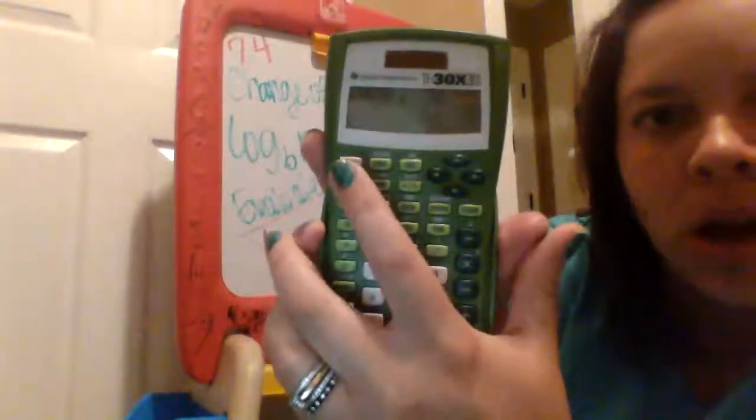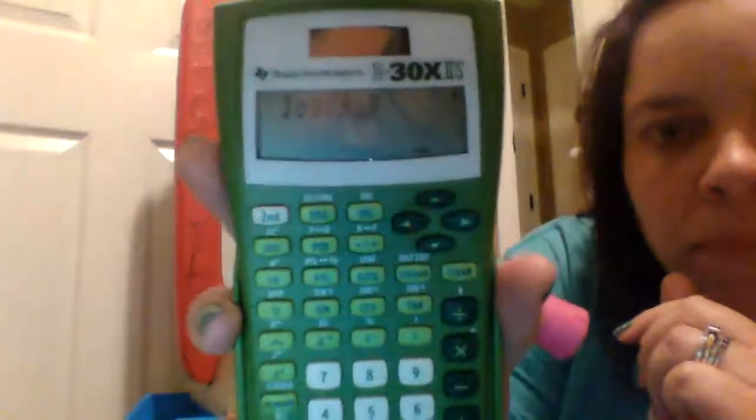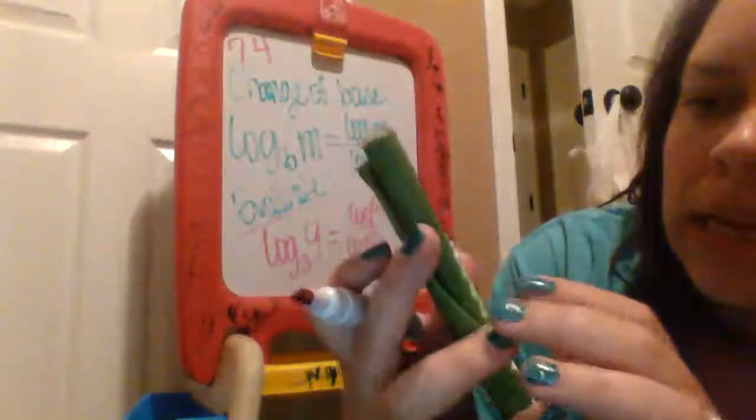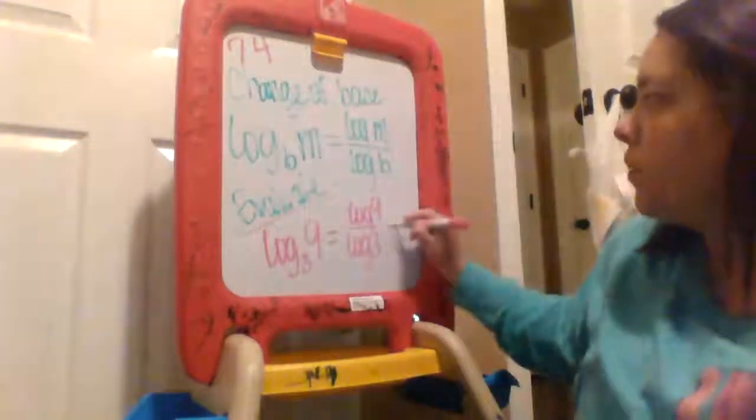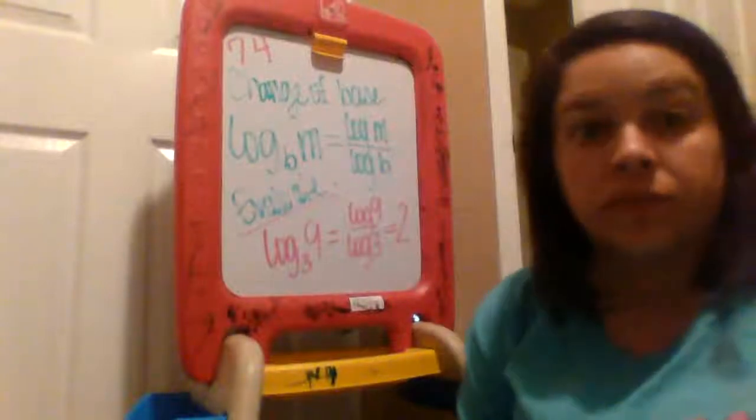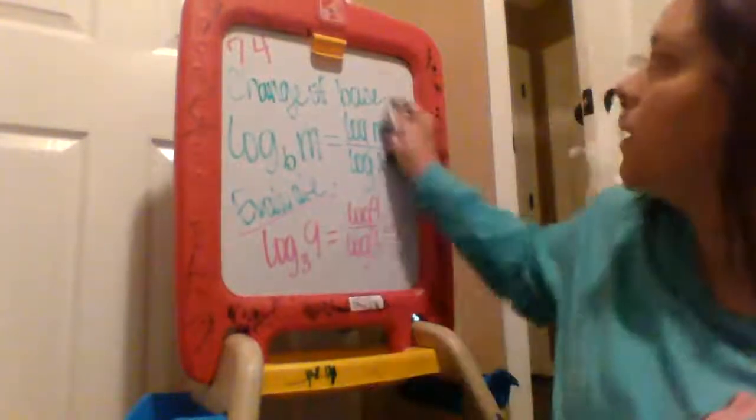So log of 9, make sure you close the parenthesis, divide it by log of 3, close the parenthesis. Hit enter, and it's 2, because 3 to the second power is 9.